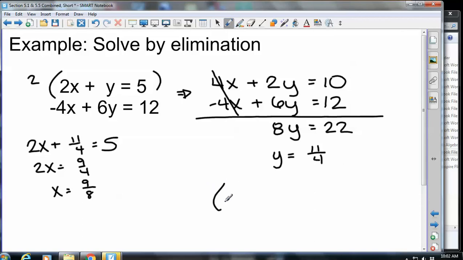What you got? So the final answer is (9/8, 11/4). Yes, this would be consistent and independent as well. Other questions?